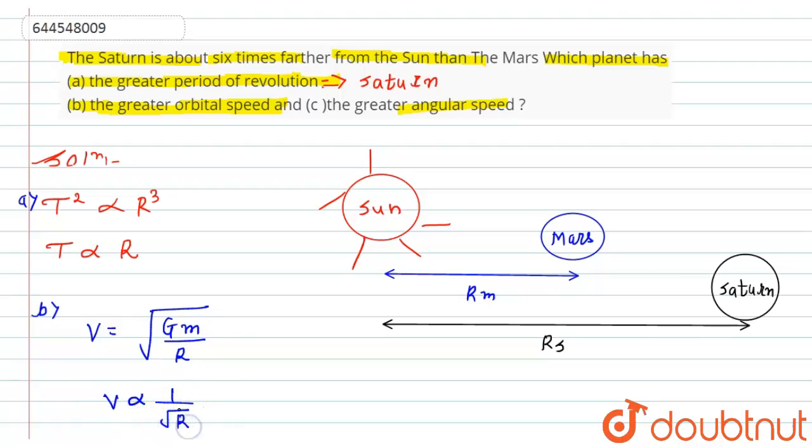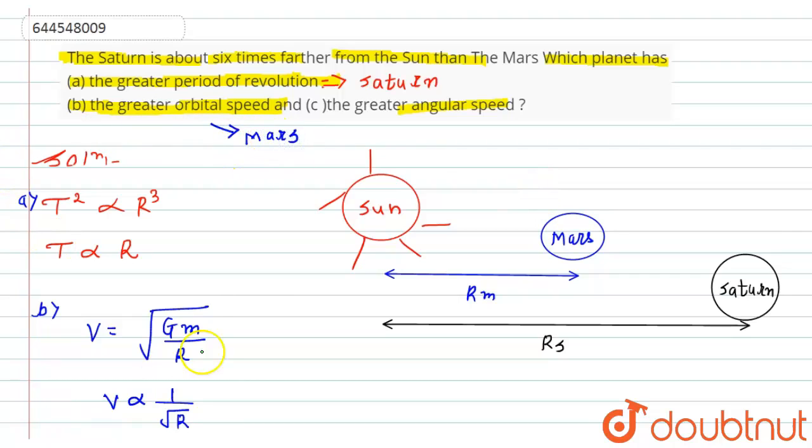That means to get the maximum velocity, the radius should be less. For Mars the radius is less as compared to Saturn, so for Mars the velocity will be greater. So the greater orbital velocity will be of Mars.